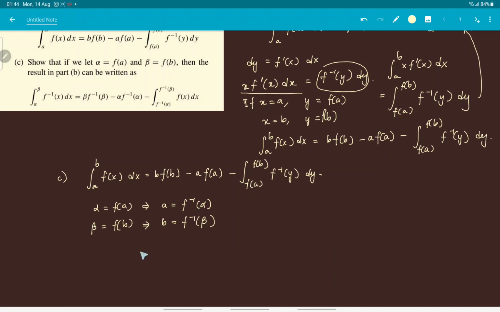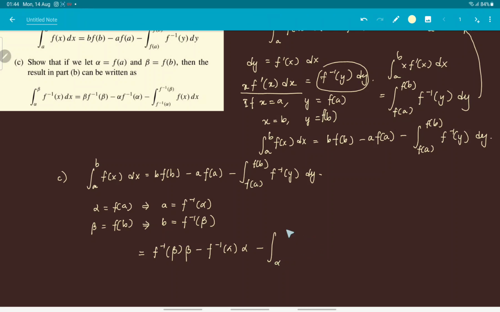Then you get the inverse of f(beta) times f(b), which is beta, minus the inverse of f(alpha) times f(a), which is alpha.